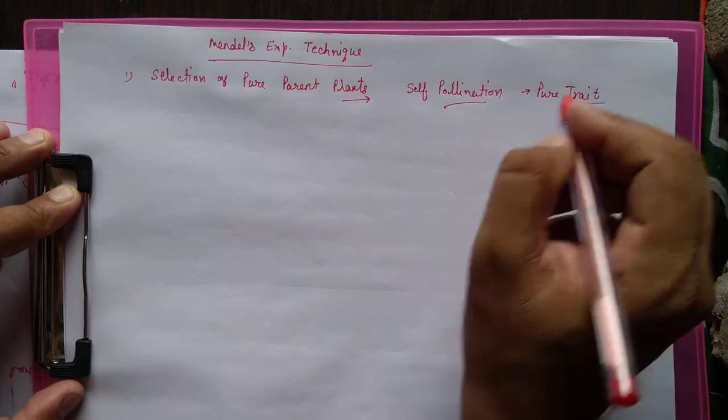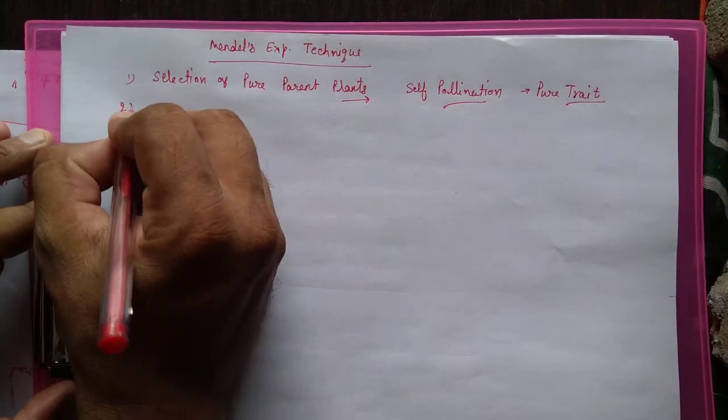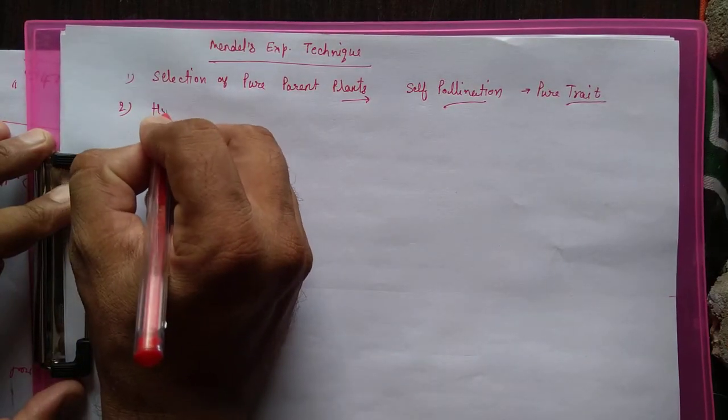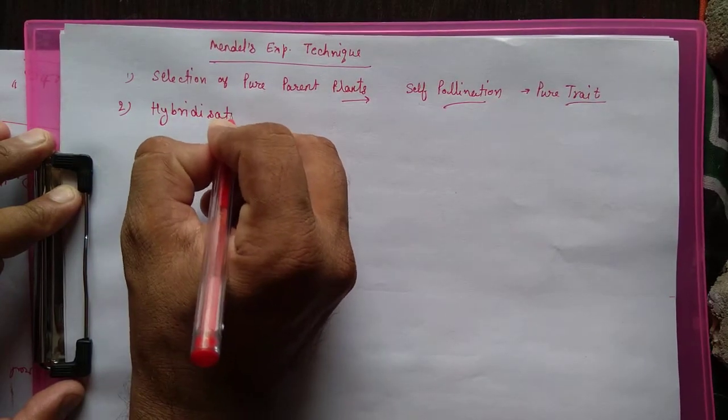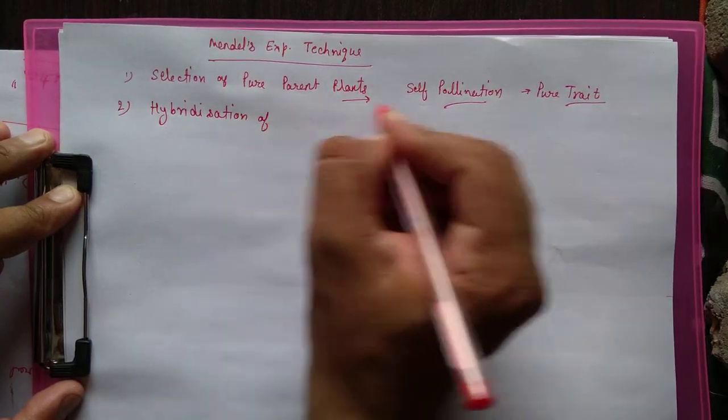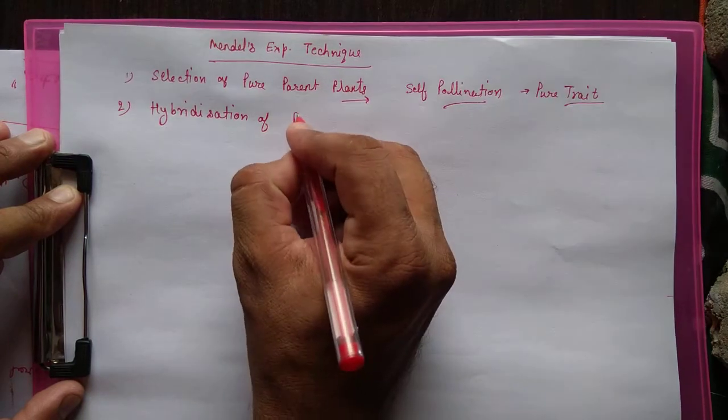Here the trait means characters. Second, he performed hybridization of the pure traits, means pure parents.